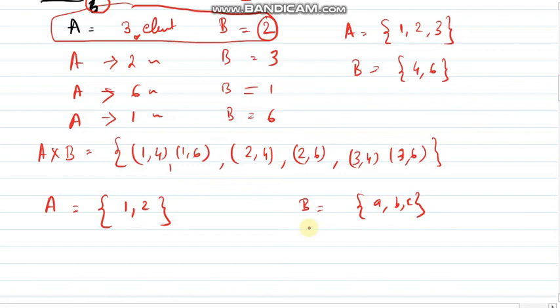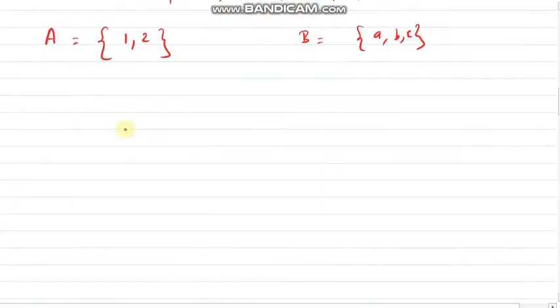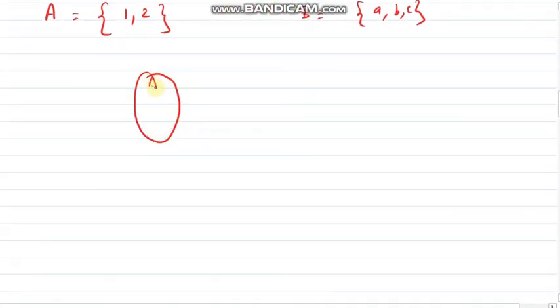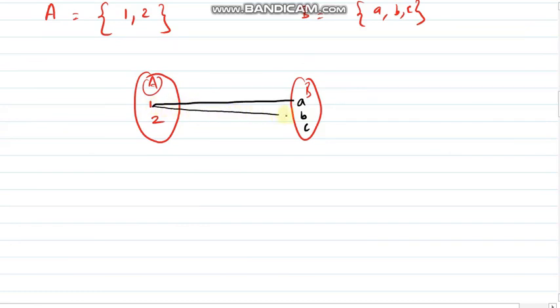In the arrow diagram representation, this is your set A and this is your set B. In set A we have 1 and 2, and in set B we have a, b, c. So the ordered pairs will be (1, a), (1, b), (1, c). We can also have the ordered pairs (2, a), (2, b) and (2, c), right? So these will be the ordered pairs of A cross B.